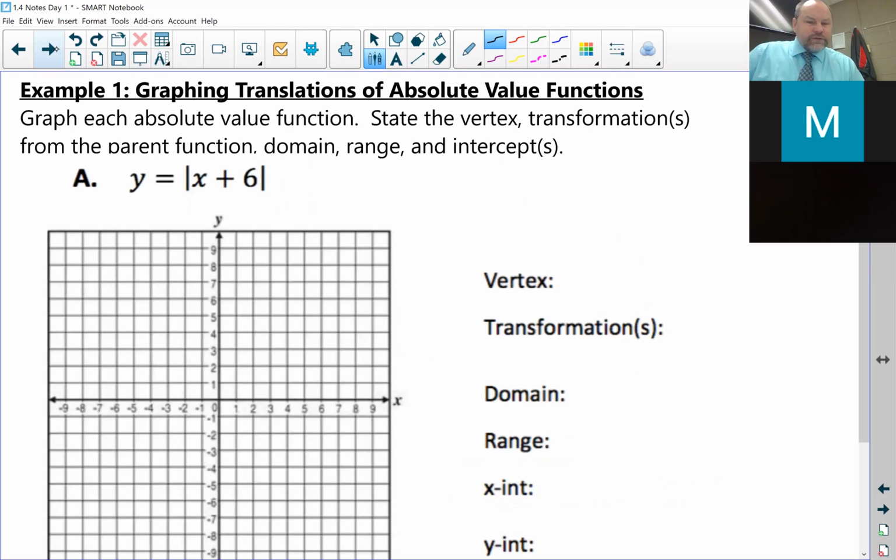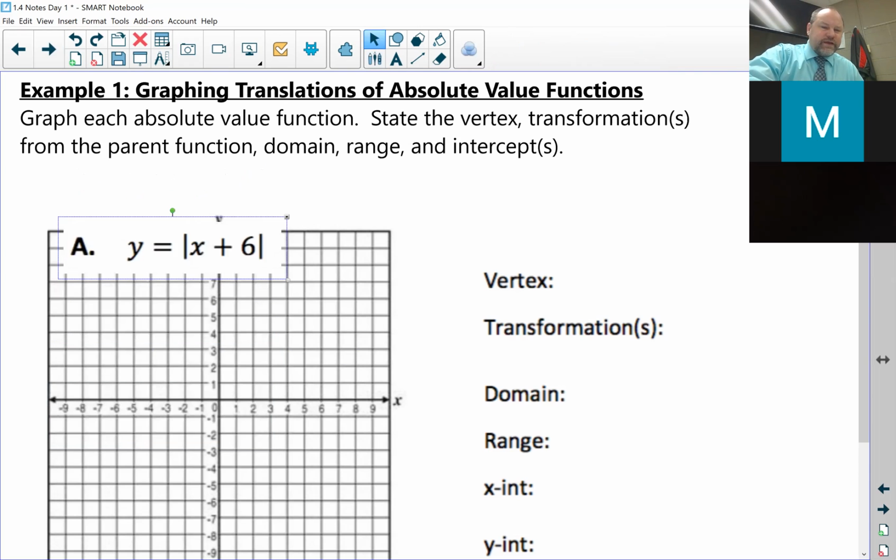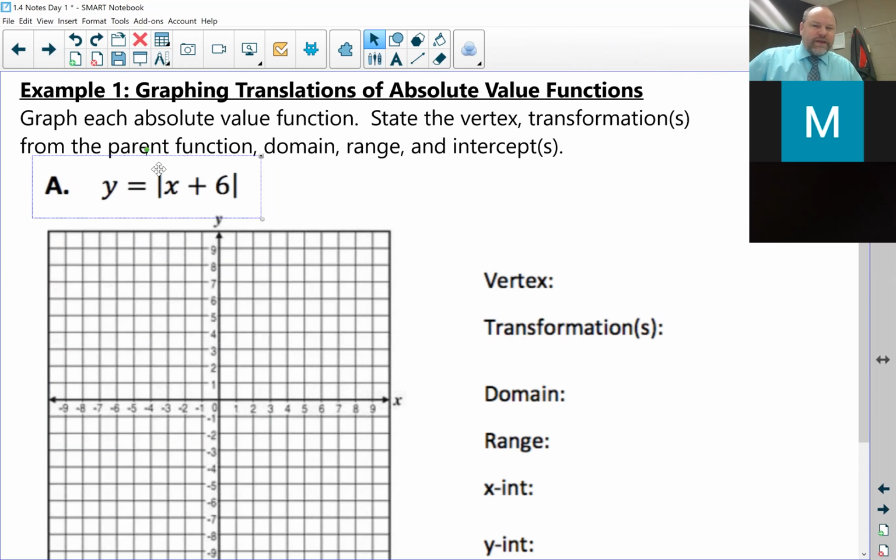All right, so for each one, graph each absolute value function, state the vertex, the transformation or transformations from the parent function, and then give the domain, the range, and the intercepts.